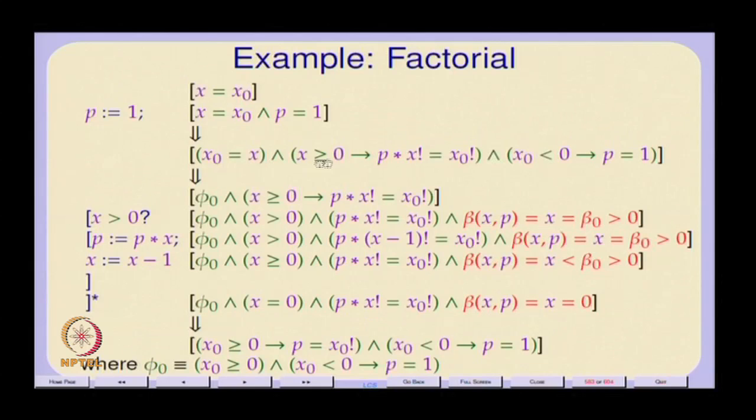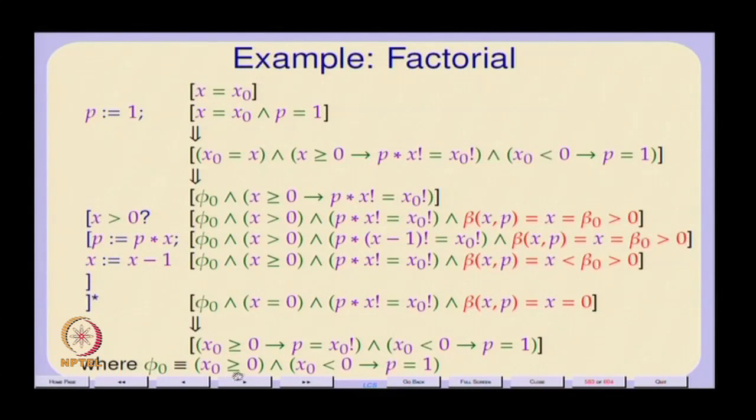One thing is, if you look at this predicate, x naught less than 0 arrow p equals 1, and x naught equals x here. Okay, I am sorry. This x naught equals x should go. I am sorry, this phi naught. Oh, okay. So let me take this phi naught.